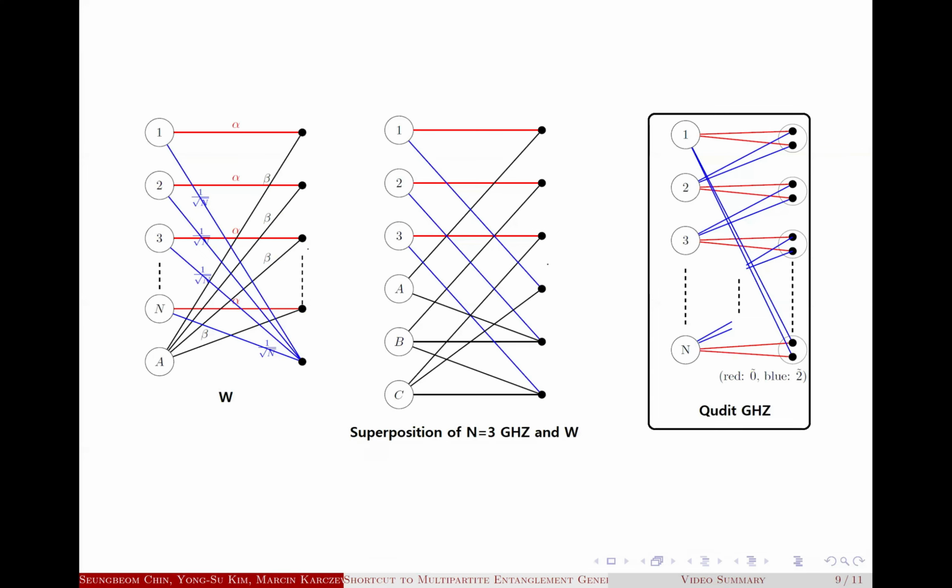We also have found other solutions for other types of entanglements like the qubit W state with one ancillary mode and the superposition of n equals 3 GHZ and W state with 3 ancillary modes. And we can also increase the dimension of the internal states, which corresponds to QD entanglement. And this is the graph solution for the QD-GHZ state.